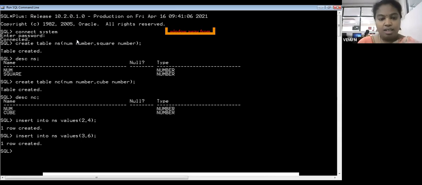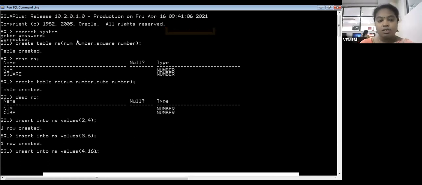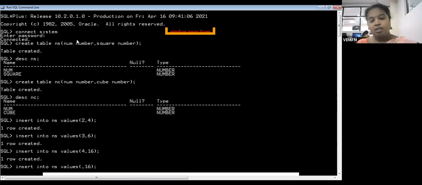Enter. One row is created. If it is 4, then it is 4 square, 16. Sorry, here the 3 is wrong, right? So we have to fix it. 3 squared is 9. Okay, 9.